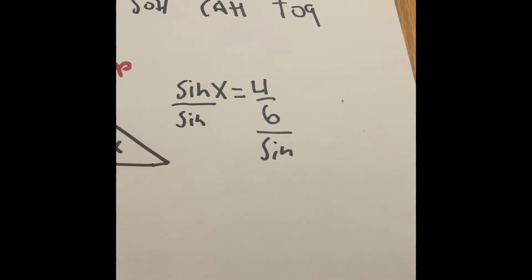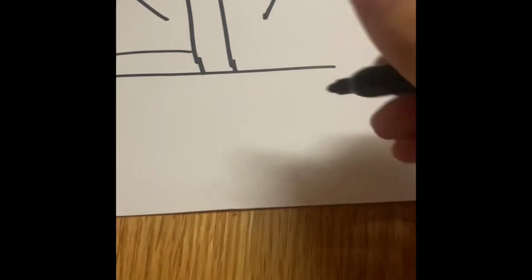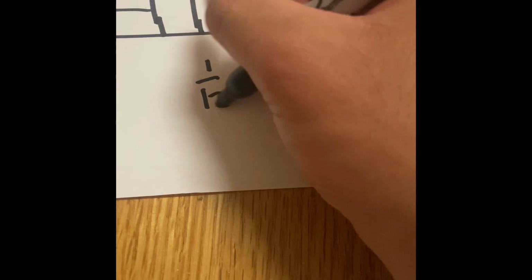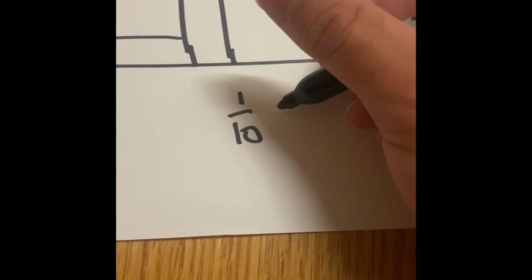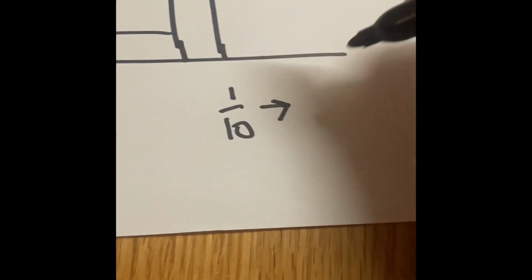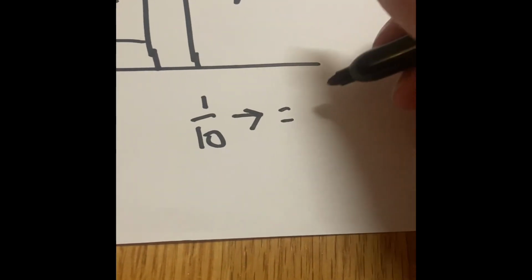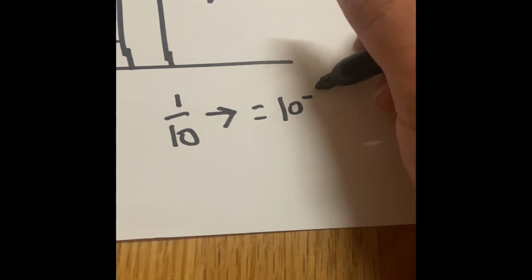If you remember back in 8th grade, when we have a fraction like 1 over 10, what can we transform that to make 10 on the top of the equation? Well, 1 over 10 can be transformed to 10 to the negative power of 1.